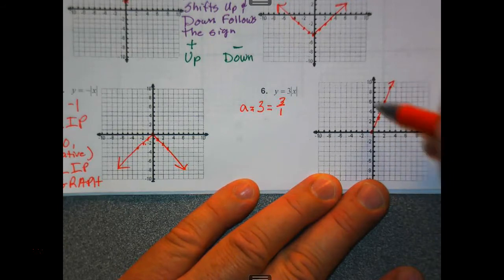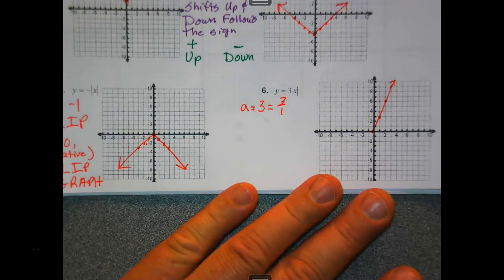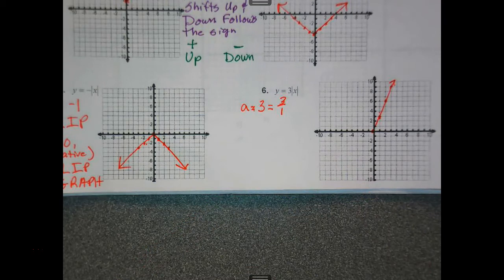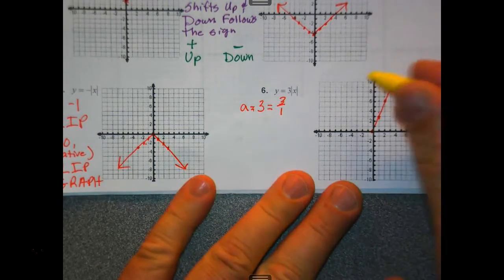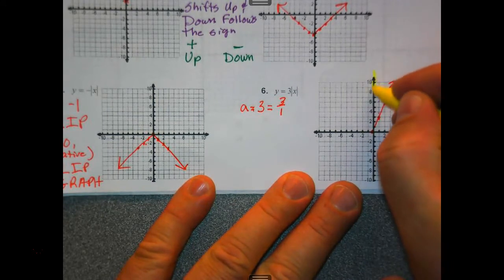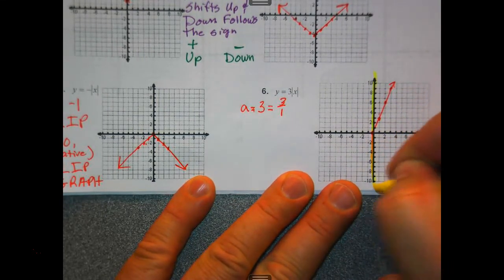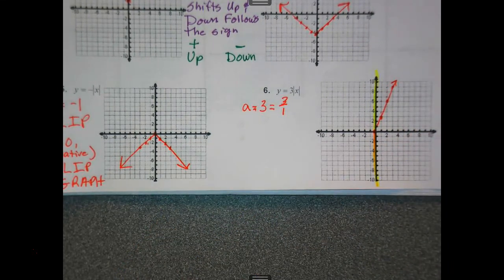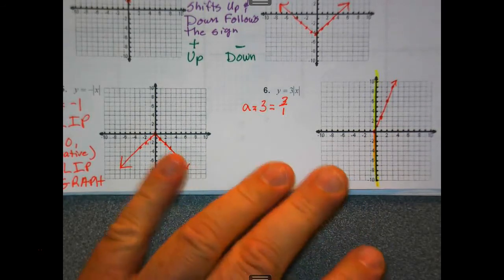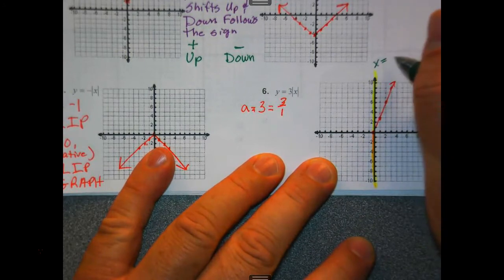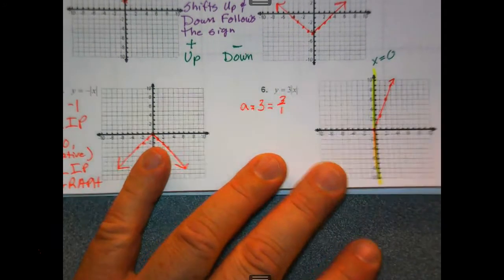Now, instead of doing that all over again, our absolute value functions have what's called an axis of symmetry, and it goes through h. Okay, my h happens to be 0 here, right? So I have x equals 0. That's my vertex. That's my h value.